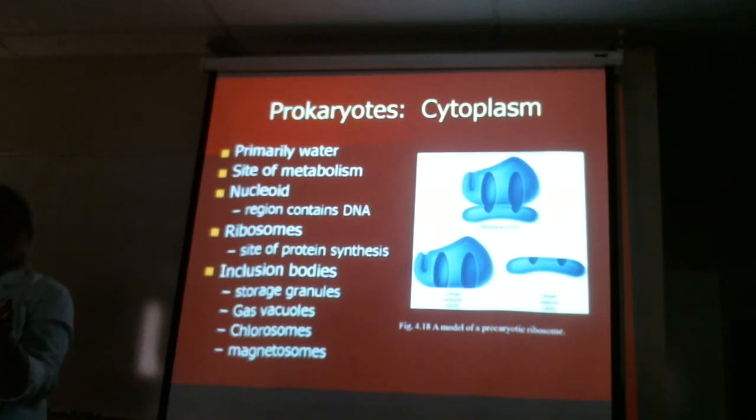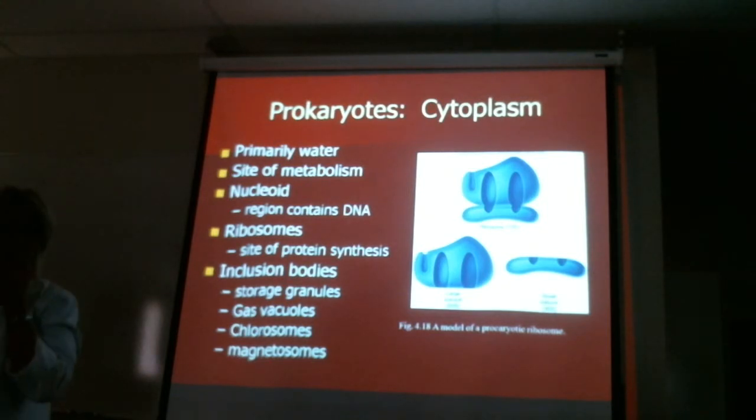Now this is unique because the prokaryotic cell has a different ribosome size than the eukaryotic cell, meaning that antibiotics can target protein synthesis without affecting protein production in a eukaryotic cell. So a lot of those antibiotics that we take, like tetracycline for instance, interfere with protein synthesis.